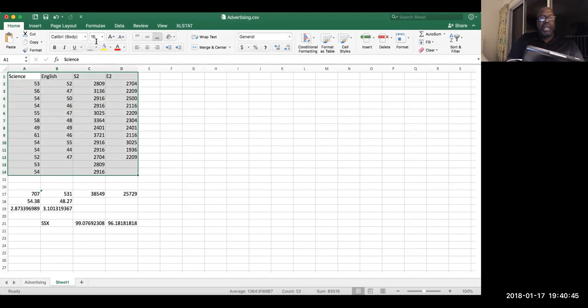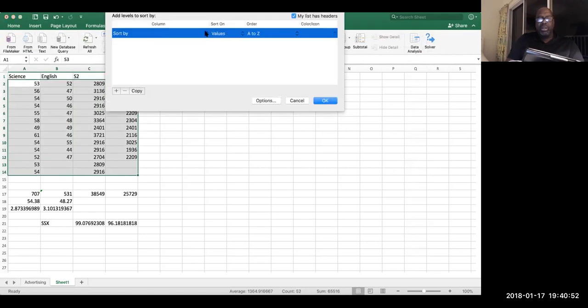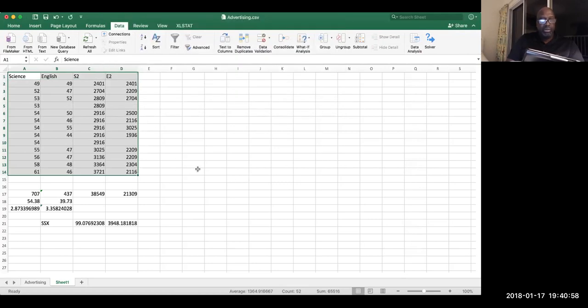I'm going to just work with science for now. So data, I'm going to sort science, smallest to largest. So that's all cool. There we go.